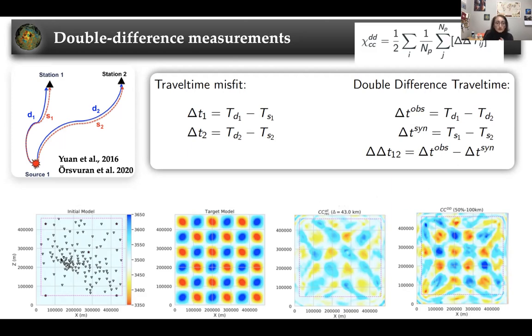What is the advantage? First of all, you can get rid of the origin time errors of the earthquakes, and also by using such double difference travel time measurements, you can improve the resolution much faster. So it improves the convergence rate of our iterations.